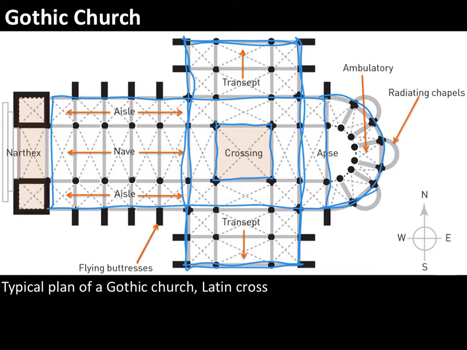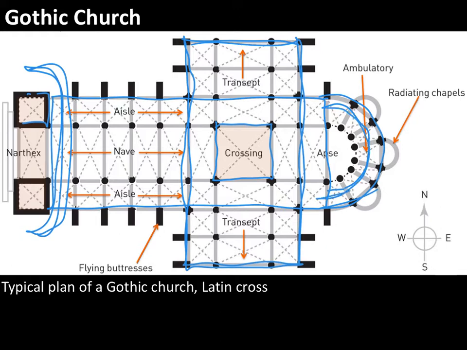We have something new going on down here on the western end of the building. We have the narthex, which is basically the lobby before you get into the main church area. Okay, and those big black chunky boxes are the towers on the outside of the building. And I also want to point out that we have an addition on the end of the apse end of the building that we've added on what's called the ambulatory.